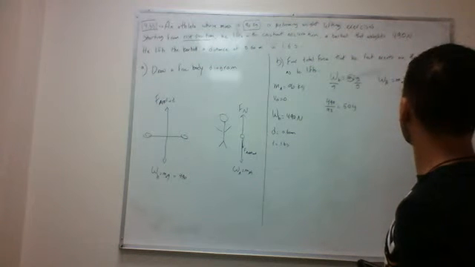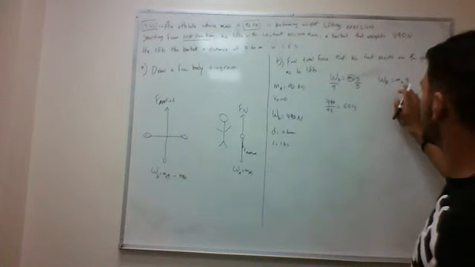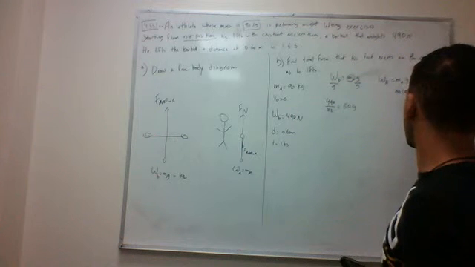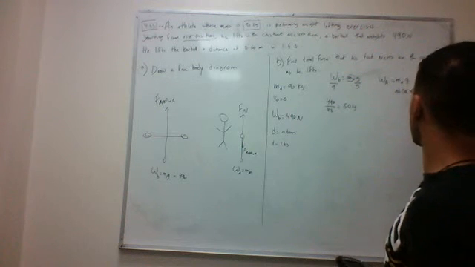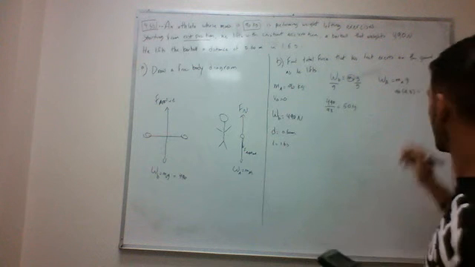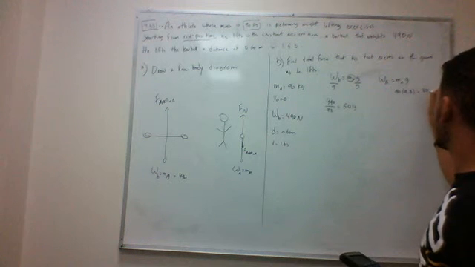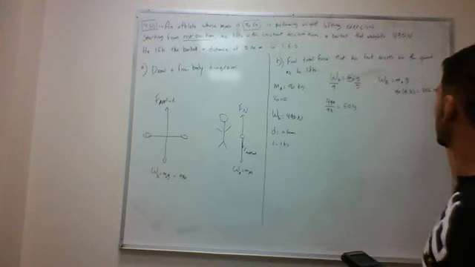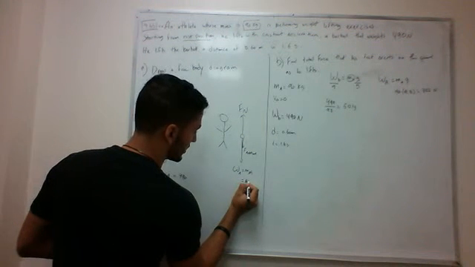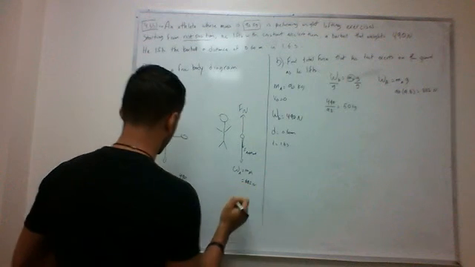No, my bad, mg, which is the gravity. So we have the mass, which is 90, times the gravity, 9.8. That's going to give us 882 newtons. Okay, so here, WA equals 882 newtons.